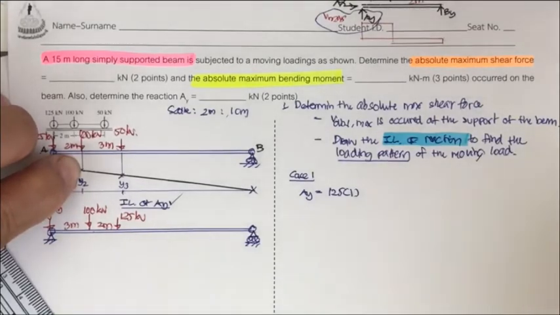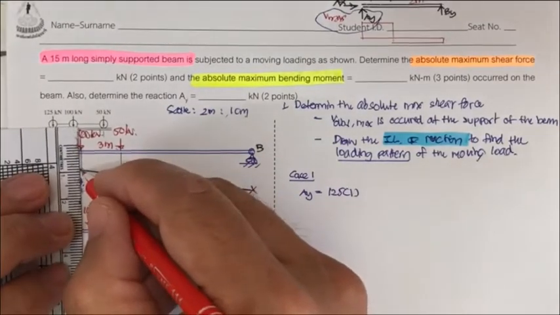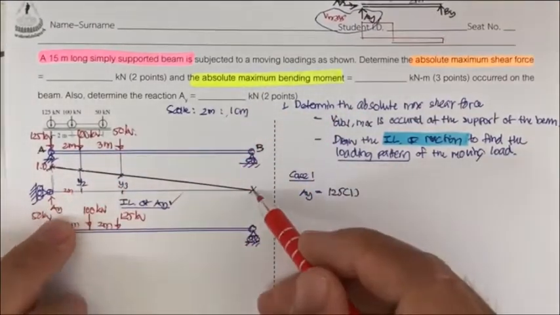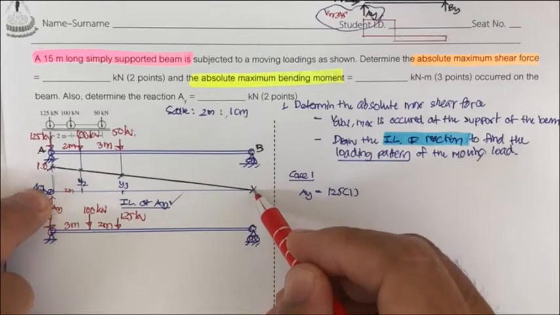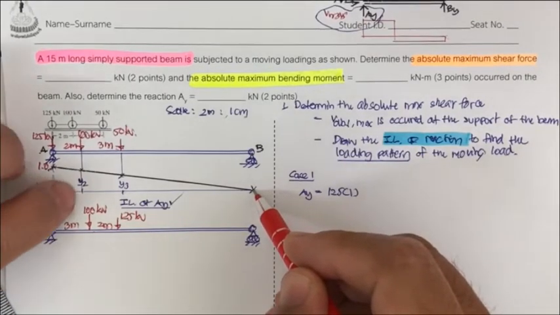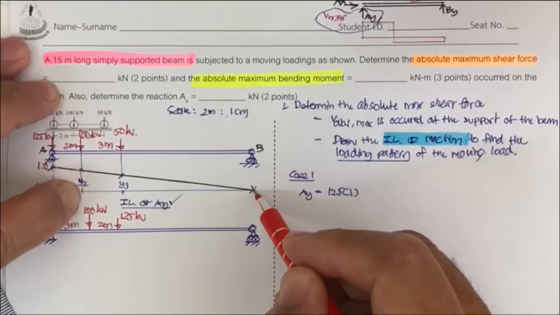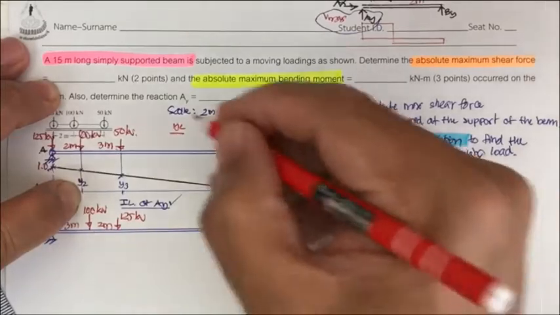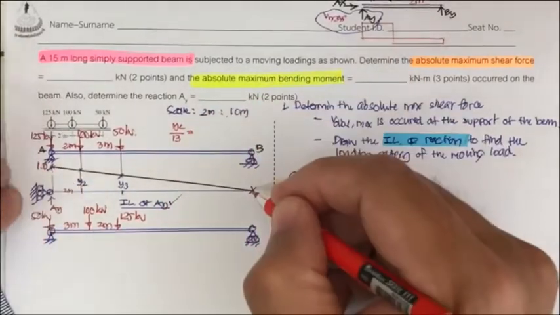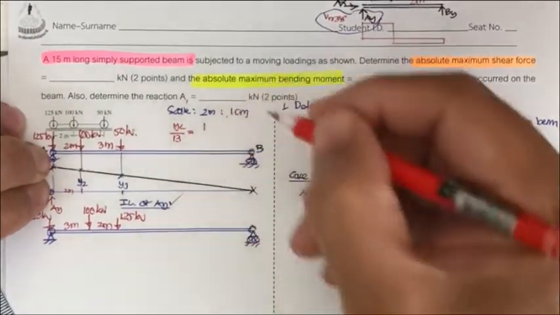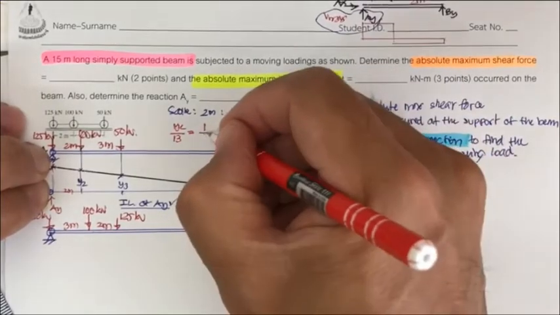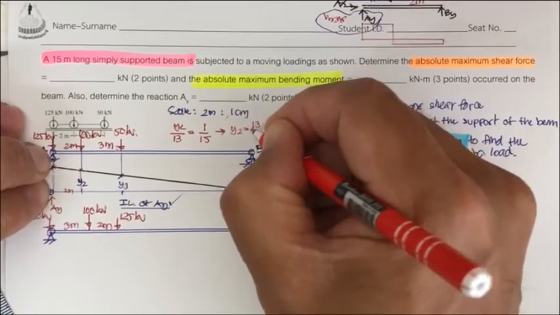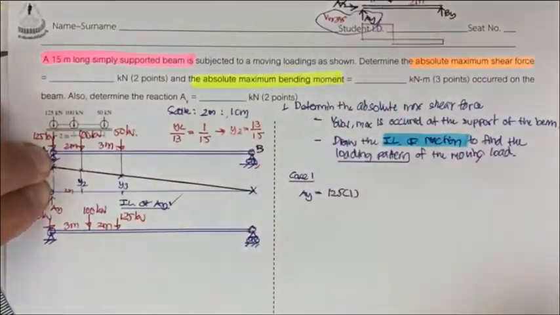We're going to have what? y2 is here. And this is 2 meter. The total of this is 15 meter, right? So minus this one is going to be 13. So we have y2 divided by this length 13 equal to 1 divided by the total length of 15. So we have y2 equal to 13 divided by 15.